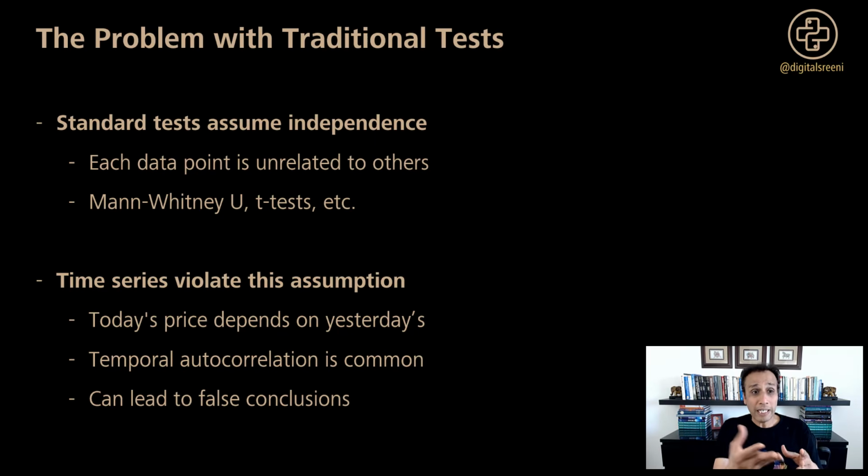So that breaks this rule about data points being independent. And of course, temporal autocorrelation is quite common, and it leads to false conclusions. So this is the reason why we need not a completely different test, but need to address these aspects of autocorrelation before applying the Mann-Whitney U test.